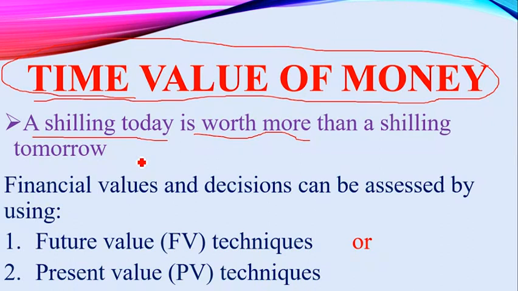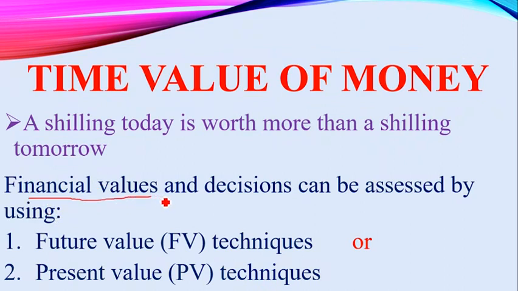But currently, you can carry the items in your hands. That means the value of 1,000, based on what it would have acquired 10 years ago, is less, or the value has reduced with time. And that is basically what we mean by time value of money: currency loses value with time.